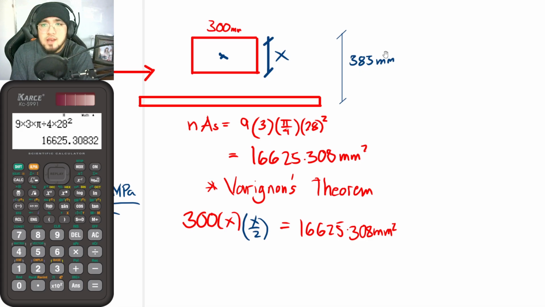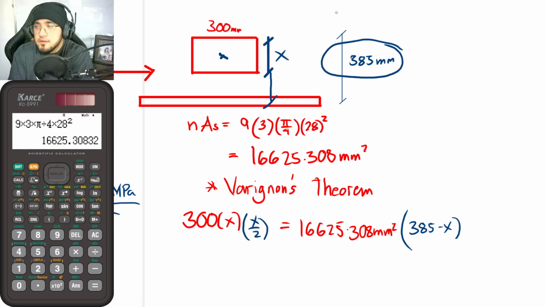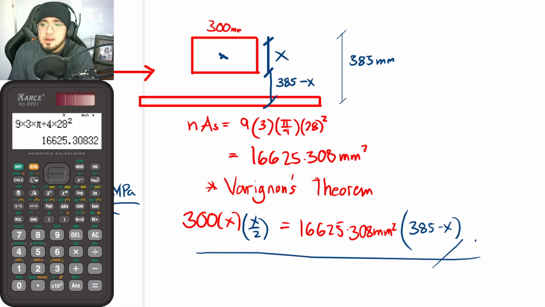In this case, our lever arm is 385 minus x. Why? Because if this is 385 and this is x, then this dimension here should be equal to 385 minus x. Thus, this equation.